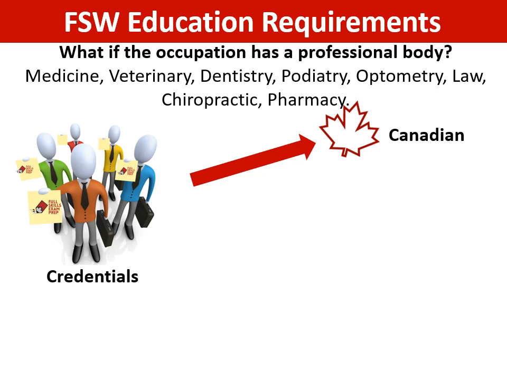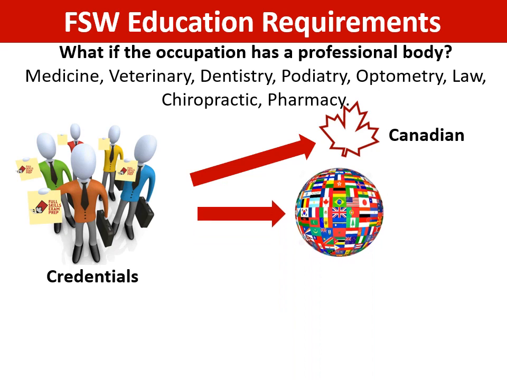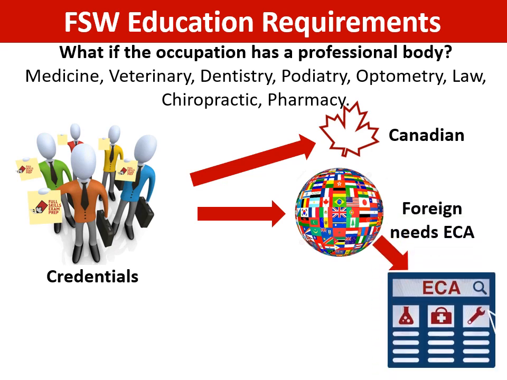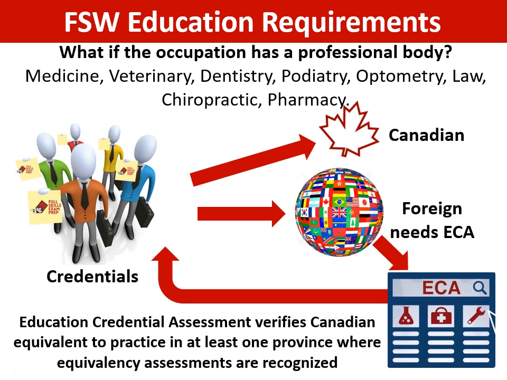So they have to verify that those credentials are either Canadian. If they're not Canadian, which, like I said, most of the time they will not be, then they would need an ECA. That ECA has to prove that their credentials qualify for at least one of the provinces.